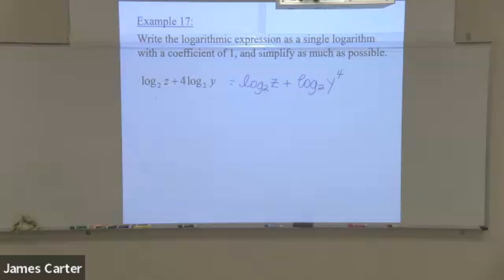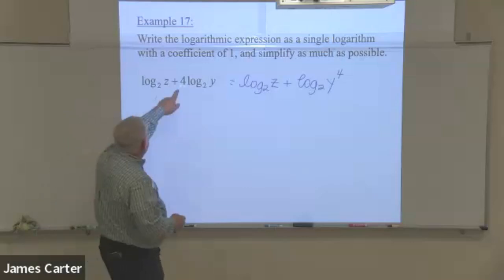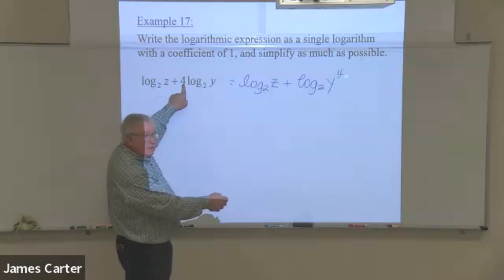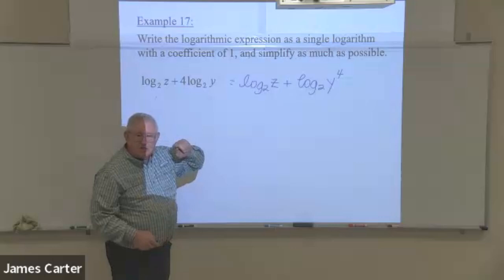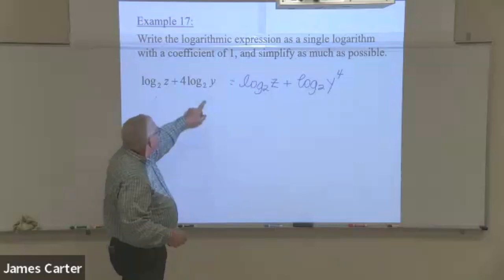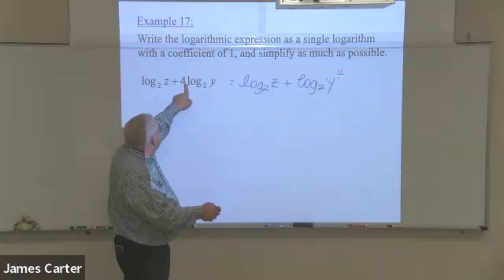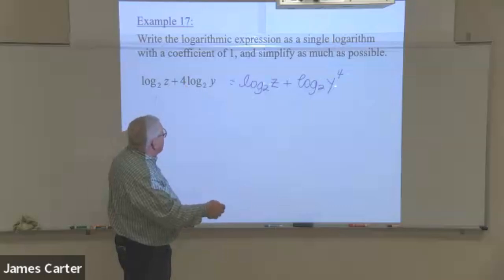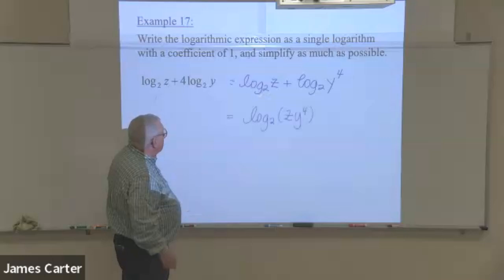Okay, this one. First thing I did was I unpowered this 4. Or repowered, I guess is the right word to use. I repowered this 4. Then the next thing I'm going to do is put both of these terms with a single log 2.